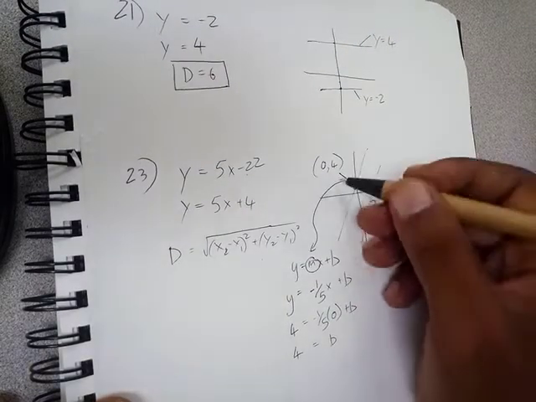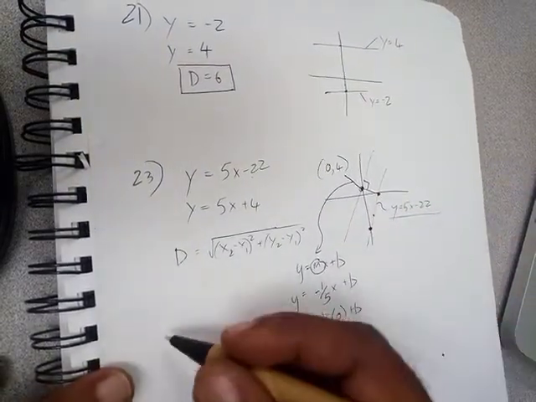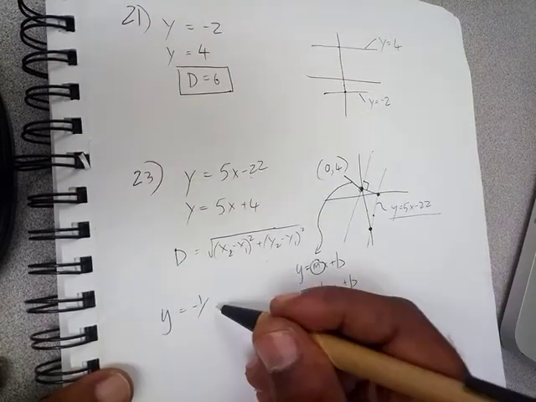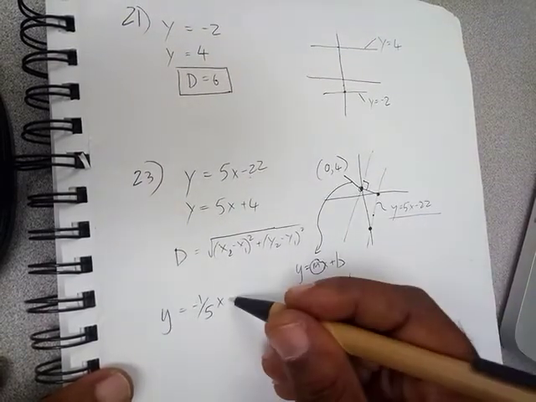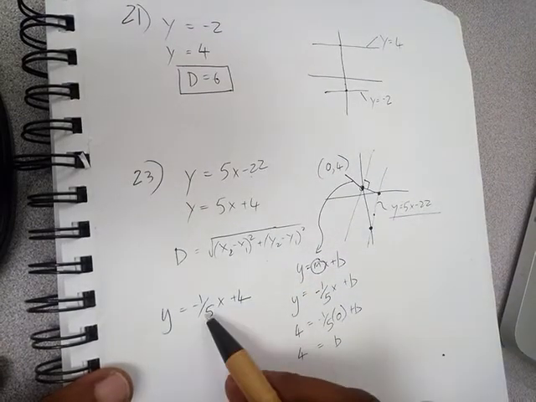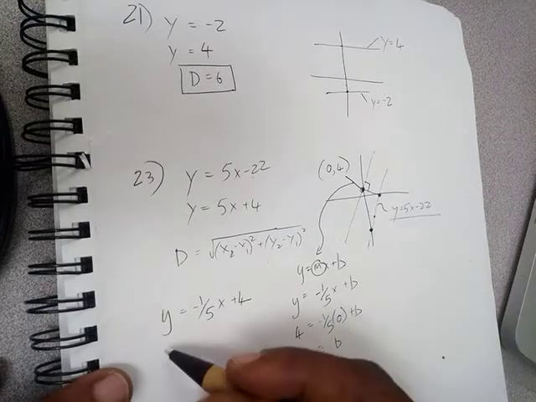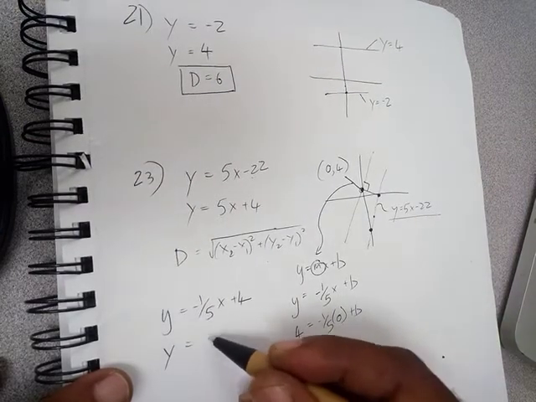So now I have the full equation of that line. It is y is equal to -1/5 x plus 4.